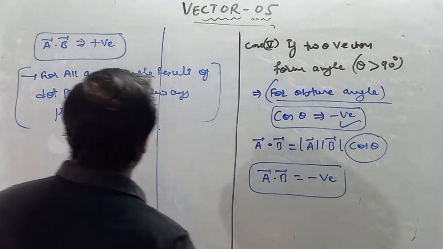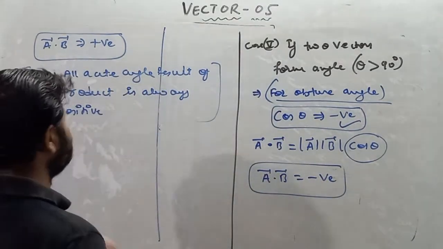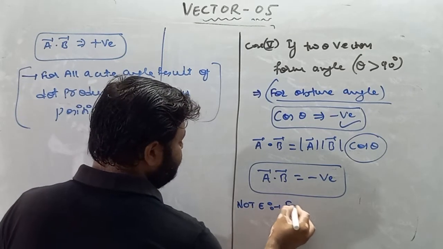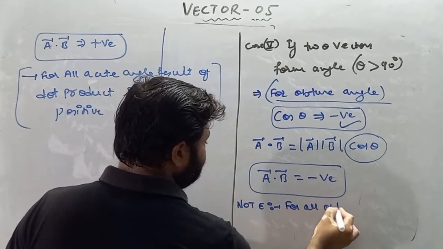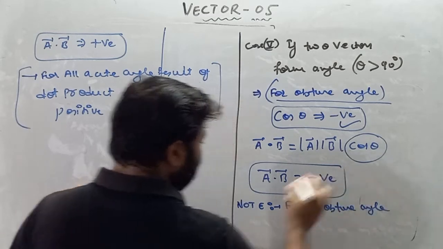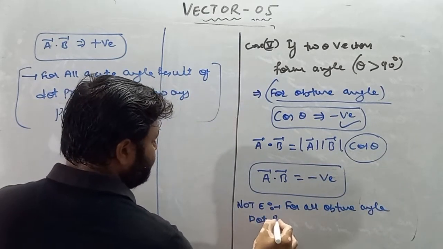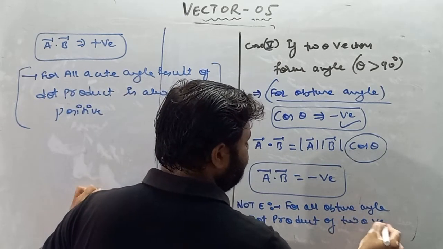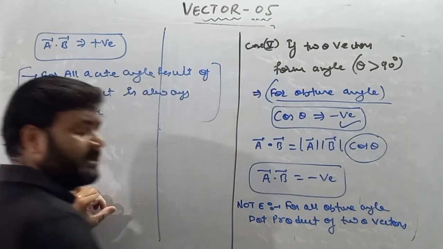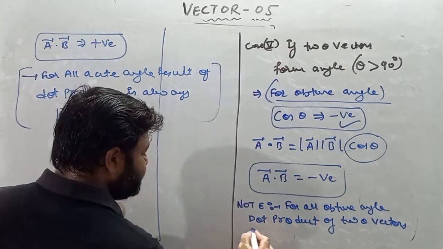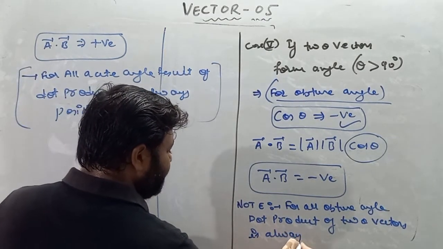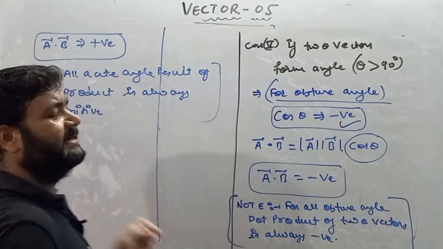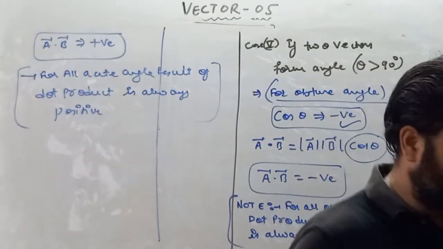So write down in form of note, for all obtuse angles dot product of two vectors is always negative. So remember, my dear student, this is all about dot product of two vectors.